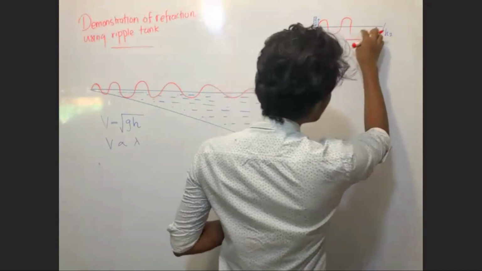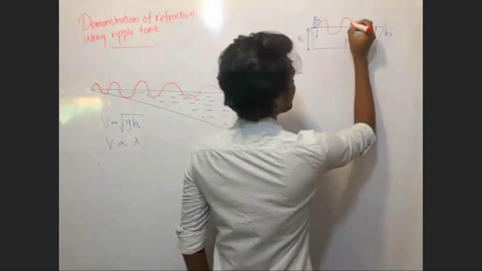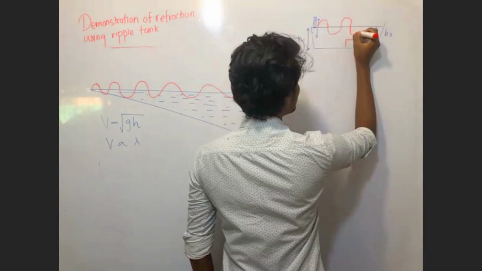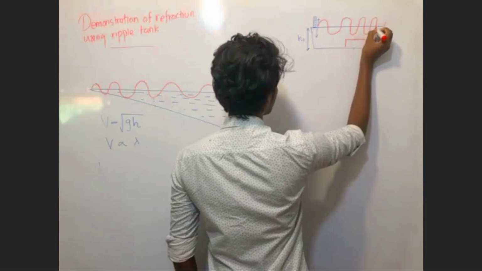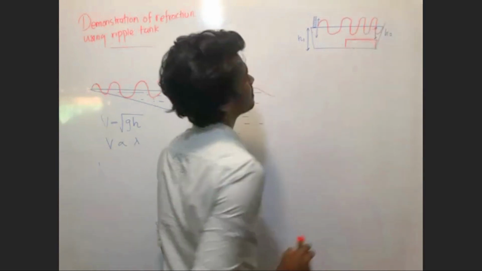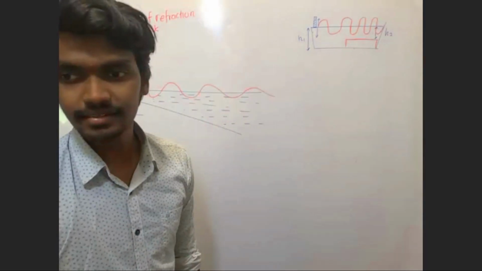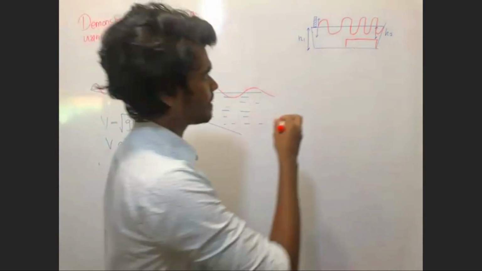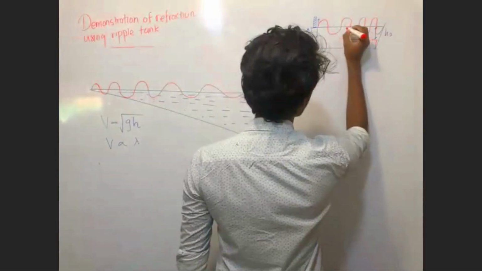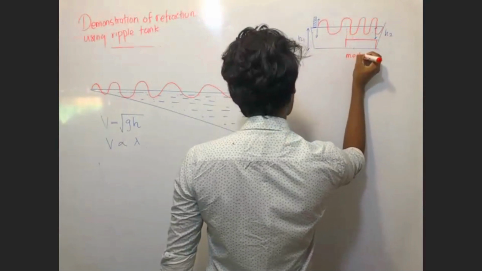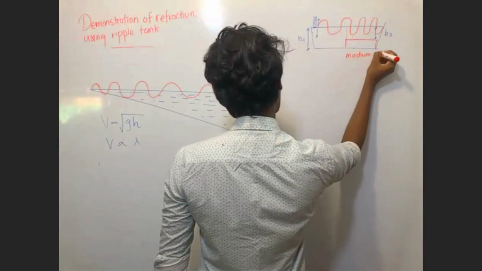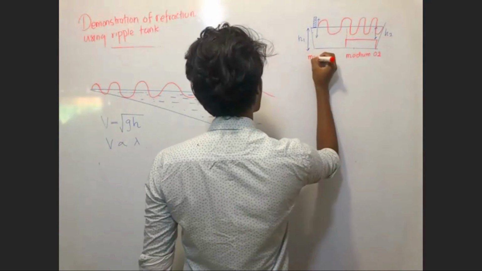When it enters this region, the velocity changes. This is considered medium 2. This is medium 1.